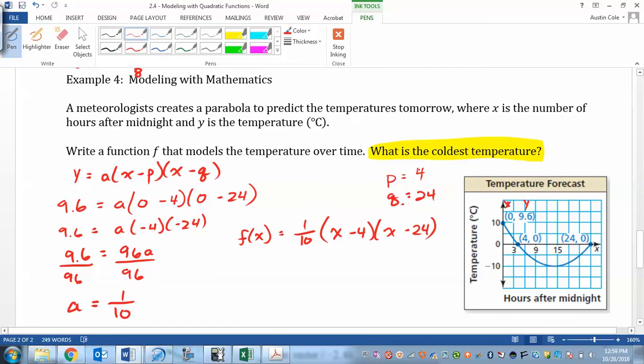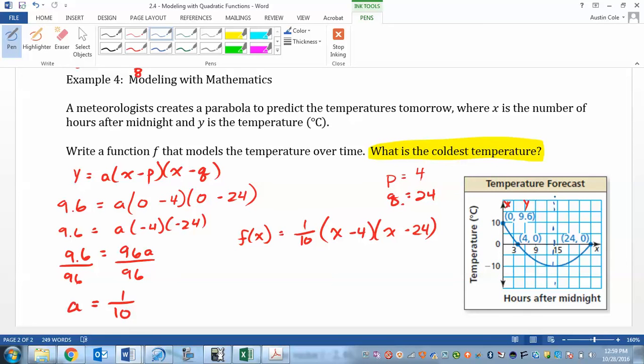P plus Q divided by 2. 4 plus 24 is 28. 28 divided by 2 is 14. That means my axis of symmetry is at 14. I need to flip these signs, so 4 and 24. I need to switch the signs for my function, but these are my intercepts.